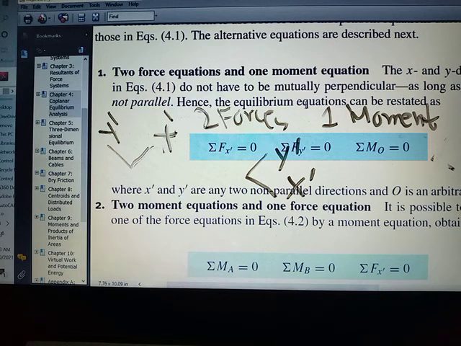Okay? So marami kang choice, may mga choice ka sa pag-solve ng problem. Okay, so for two forces and one moment, you can rotate. You can either use the x and y axis.